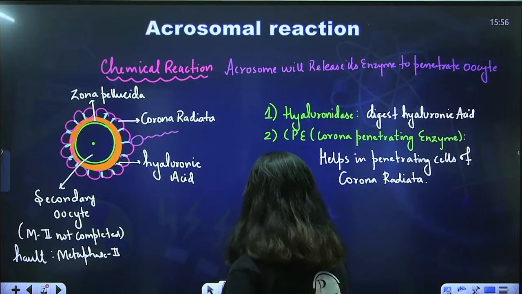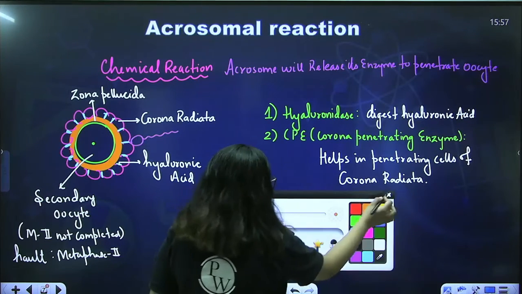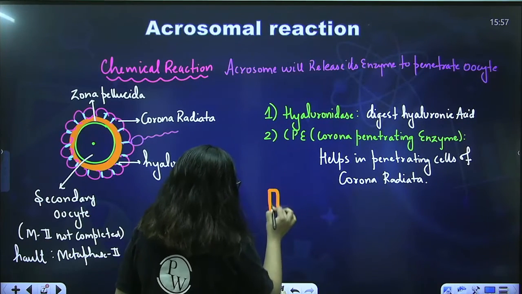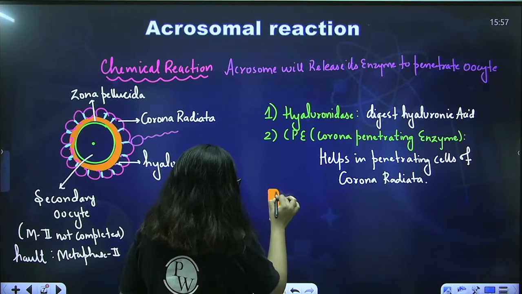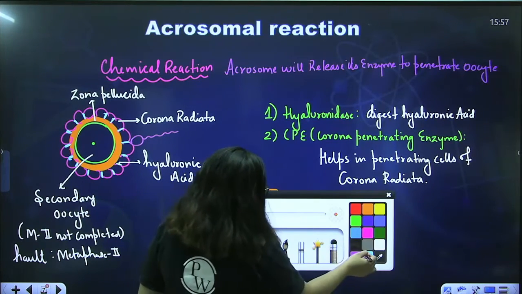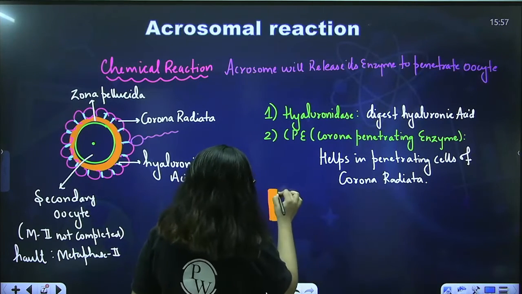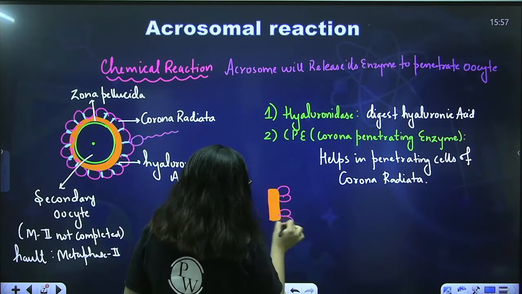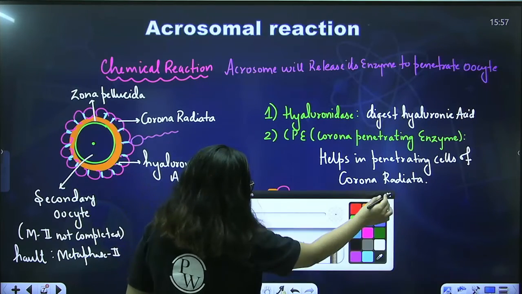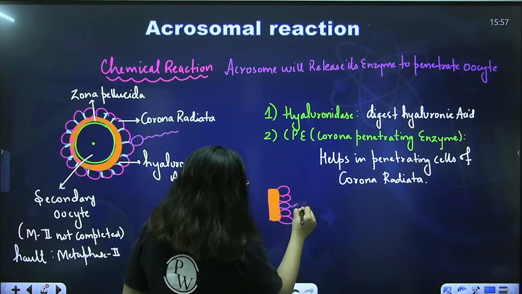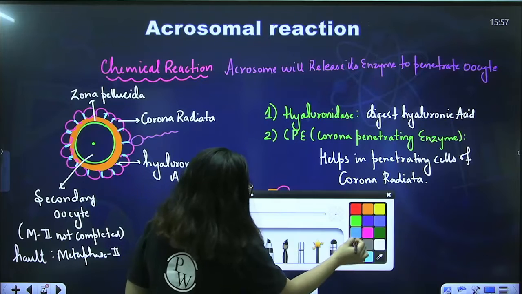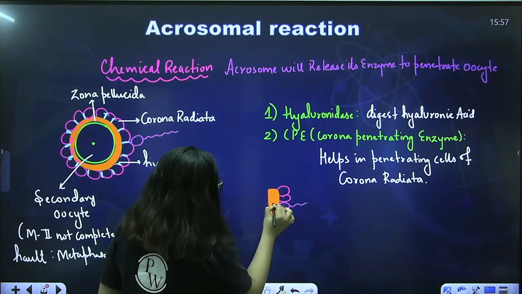Let me show you how. For example, this is the zona pellucida, and these were the cells of the corona radiata. The sperm here has entered. Now there are certain proteins present on the zona pellucida.